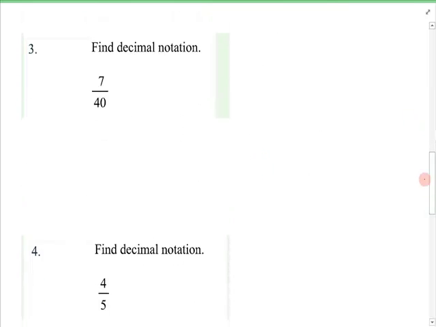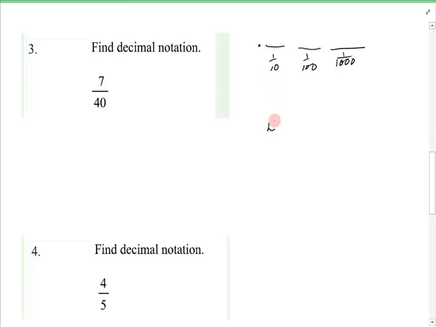Let's look at the next one. Remember your decimal places: a tenth, a hundredth, 1,000th. Now in this, 40 does not go into 10. 40 does not go into 100 evenly. 40 does go into 1,000, but you know most people wouldn't even notice that. So I'm not even going to do it that way.